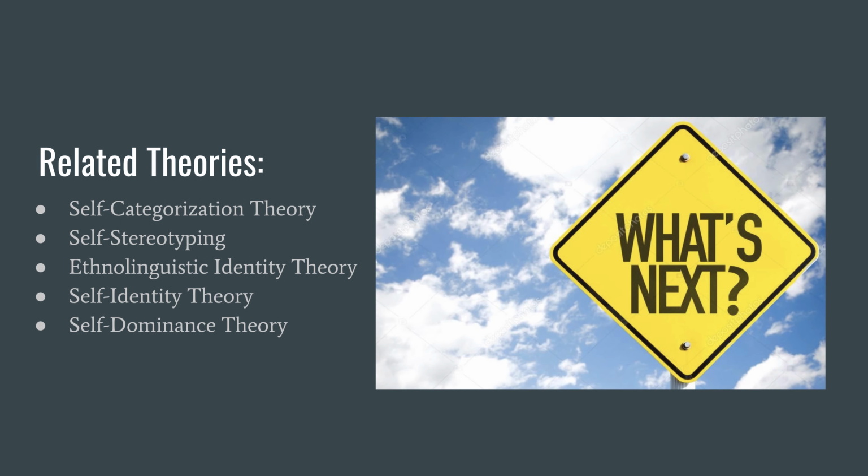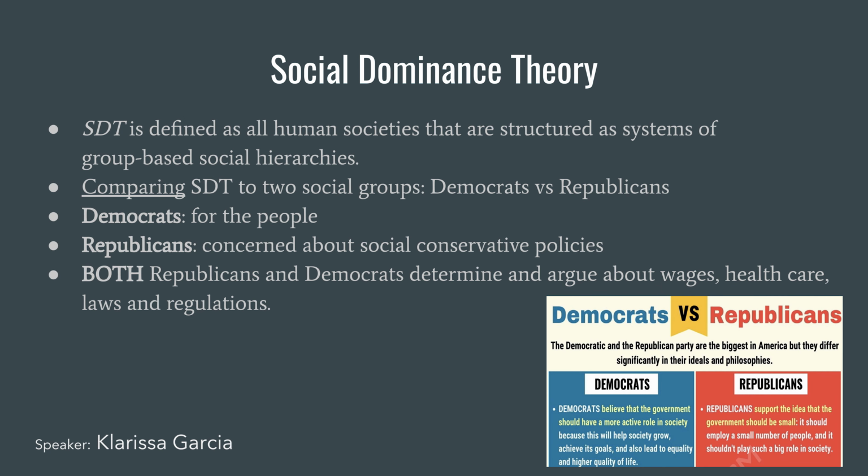So the next theories that we're going to be talking about are self-categorization theory, self-stereotyping, ethno-linguistic identity theory, self-identity theory, and social dominance theory. Social dominance theory, or SDT, is defined as all human societies that are structured as systems of group-based social hierarchies.